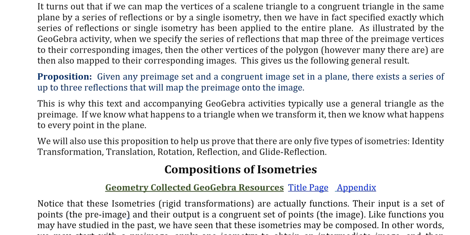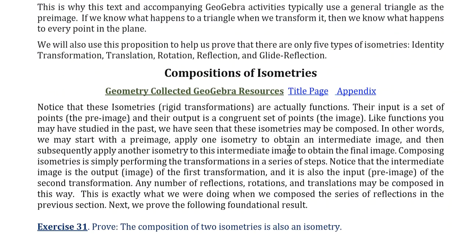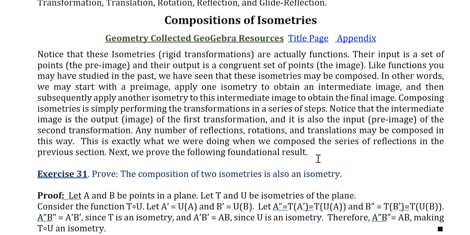Okay, and so again, that's why we typically use a general kind of scalene triangle as a thing to work with. So it turns out there's actually five types of isometries: identity transformation, the translations, rotations, reflections, and glide reflections. So let's talk more specifically about composition of isometries.